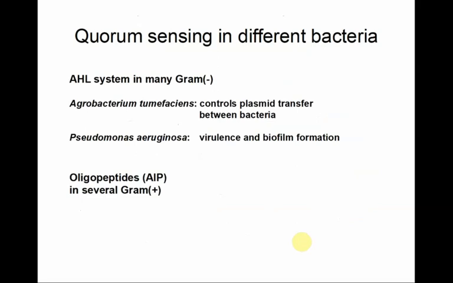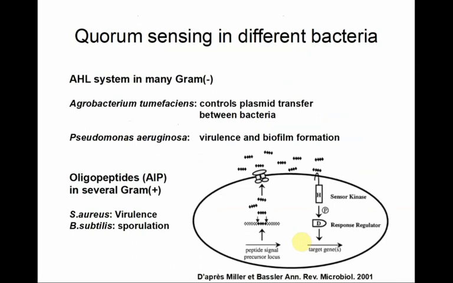Okay, for gram positives, a lot of them produce oligopeptides. For Staphylococcus aureus, this is important for virulence. And in Bacillus subtilis, this is one of the things that leads all the bacteria to sporulate at the same time. So how does this oligopeptide system work? They'll start producing a protein expressed on the ribosome. The protein is going to be cut up into little oligopeptides, which will be exported.